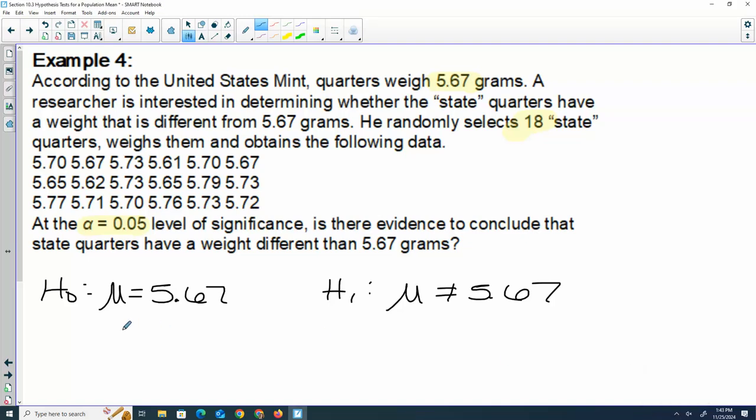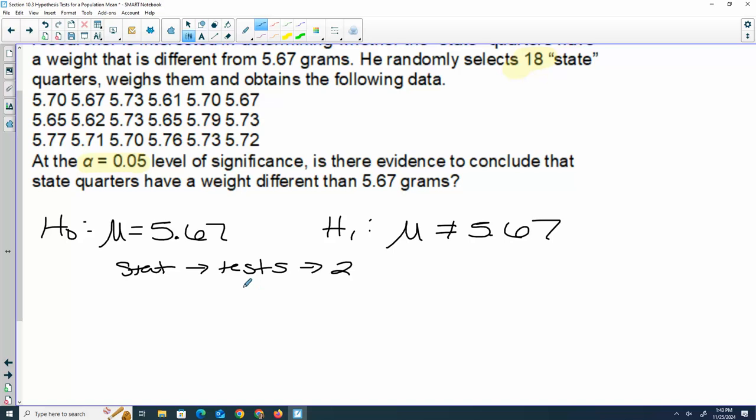We go to stat, tests, number 2. This time we are going to base it off what? You have the option for data or stats.